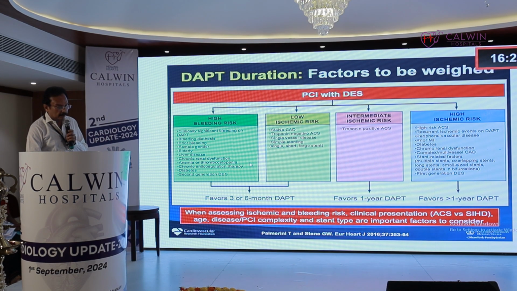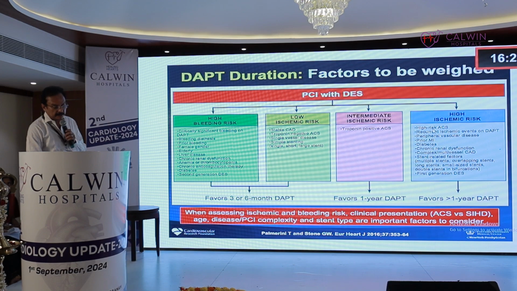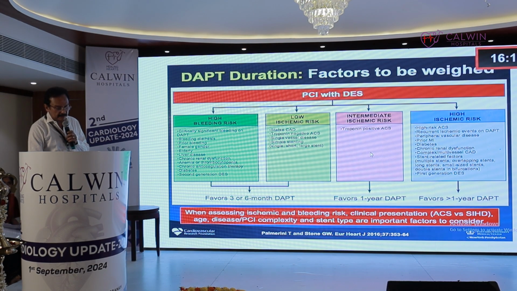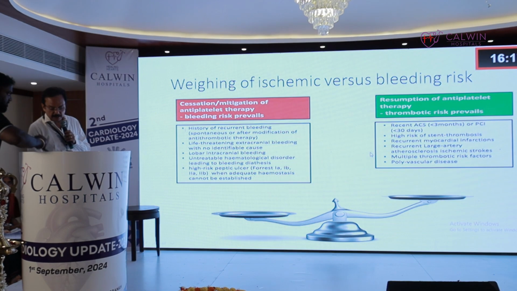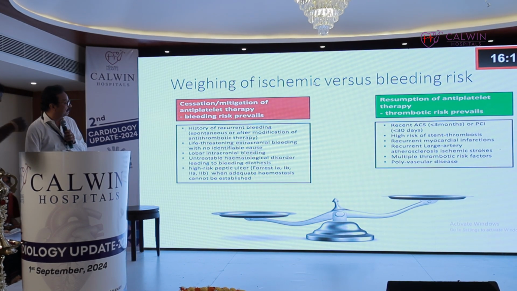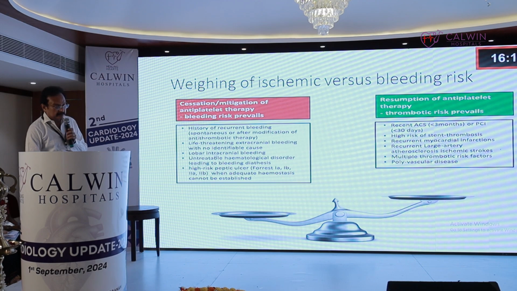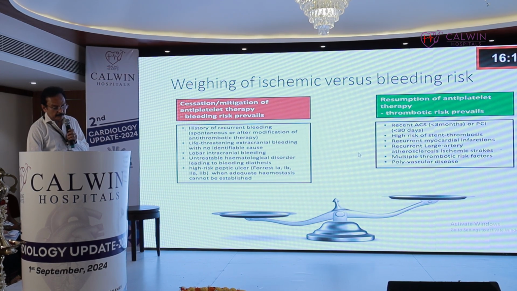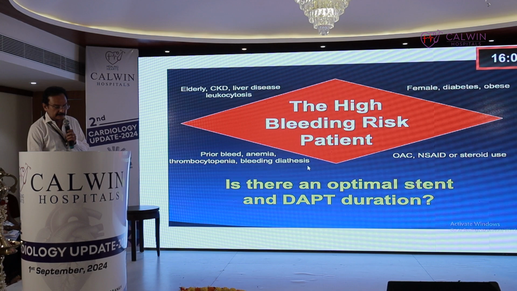It all depends on what risk this patient falls on, whether he is high risk, low risk, or intermediate risk for ischemia. That is how we decide in our real-time practice, and we weigh these benefits so that you balance both bleeding and thrombosis.